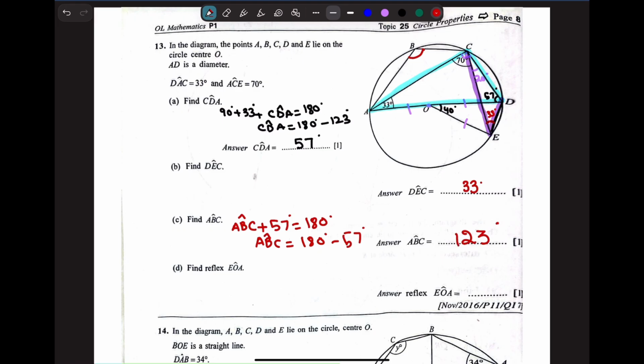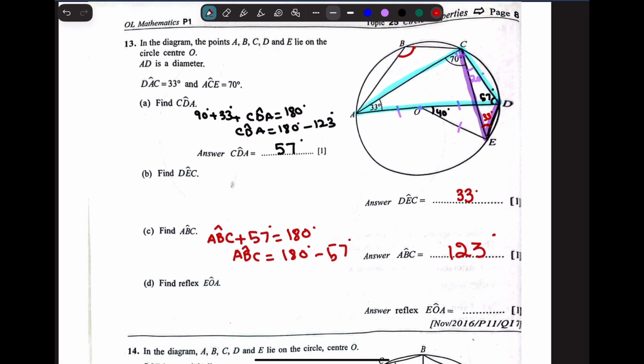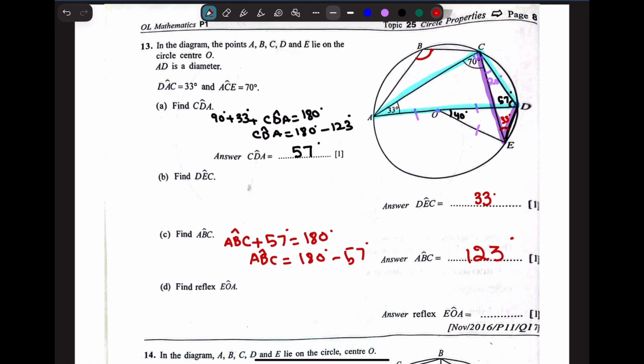Okay, the reflex angle EOA. EOA reflex angle would be this angle, right? So we know that this is 180 and we've already figured out that this angle is 40.